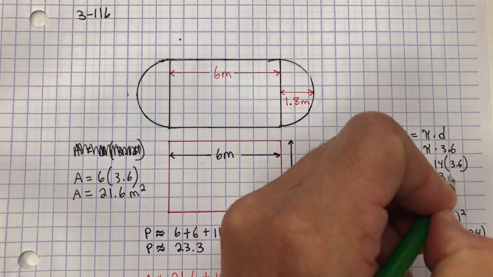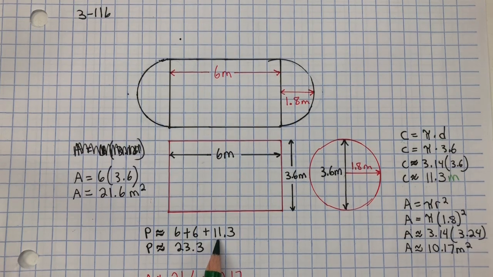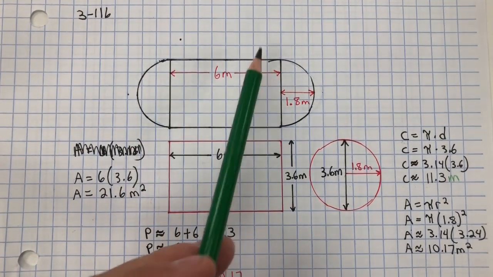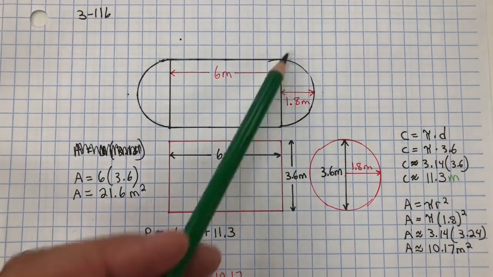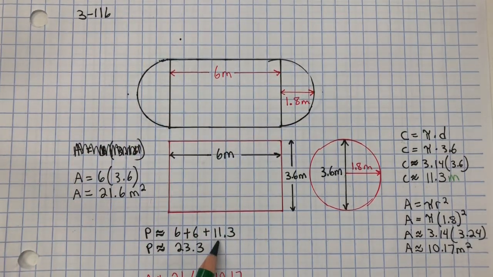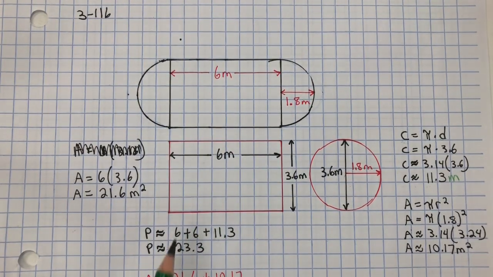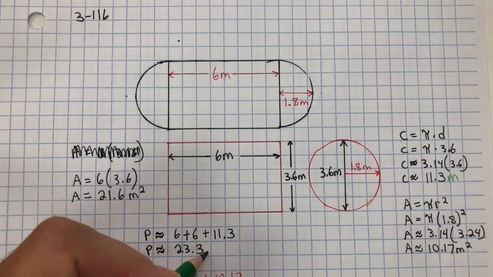So I'll go ahead and put that in there, meters. And that's where I have it here. So the perimeter is 6, and then the distance around the two semicircles is 11 3/10, plus the other 6 are here. So the perimeter is 23 3/10 meters.